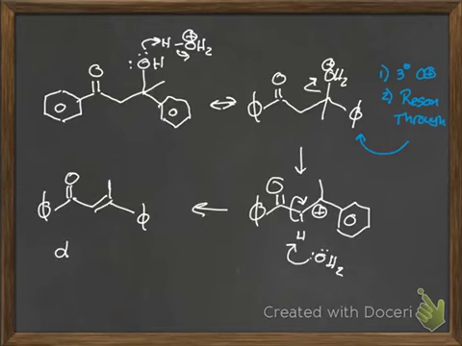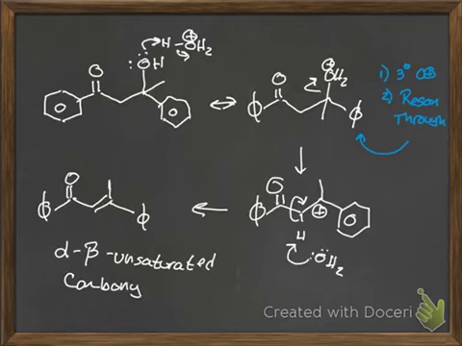It is an alpha beta unsaturated carbonyl. Now, we're going to get into why that's important in a few minutes. But for now, this is the acid pathway of generating this aldol condensation product, this alpha-beta unsaturated carbonyl.